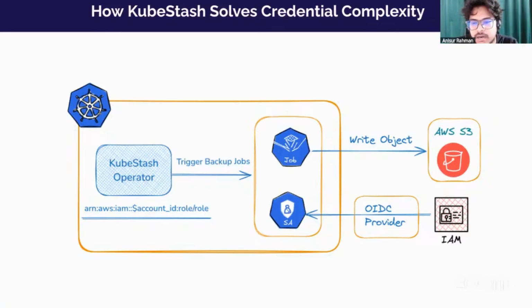We will discuss it, but at a high level, there is an AWS pod identity webhook in the control plane inside the EKS cluster. So every YAML that you apply goes through this identity webhook.